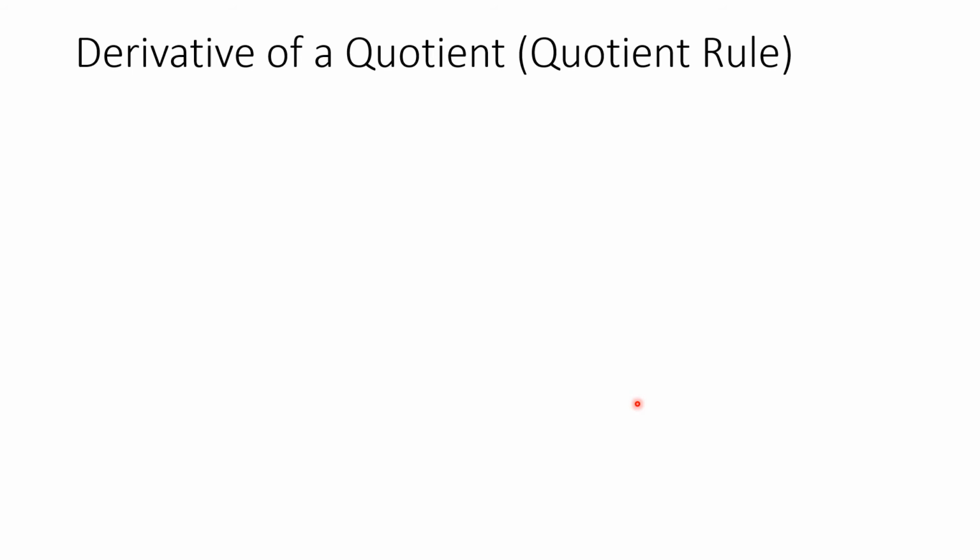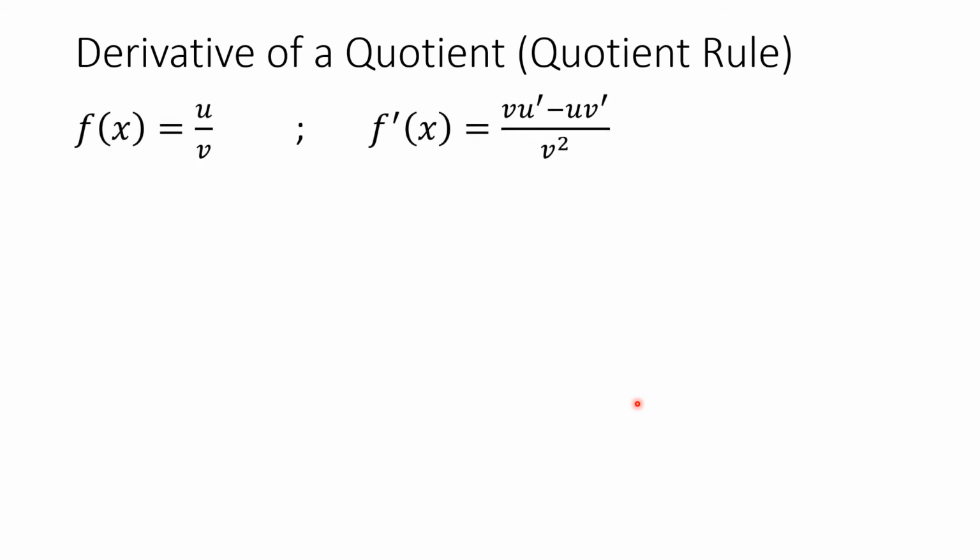So let us now proceed with getting the derivative of a quotient, also known as the quotient rule. From the word itself, quotient meaning the operation is division, so our function f of x is equal to u over v. So u is divided by v, wherein both u and v are functions, and these two should also be polynomials.